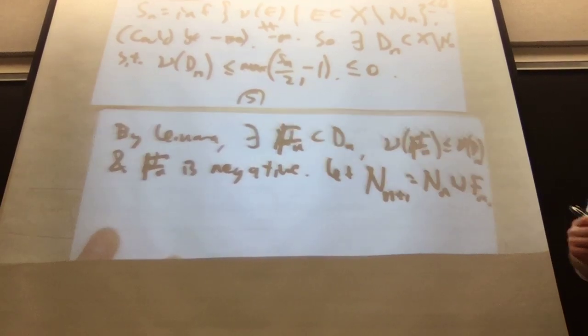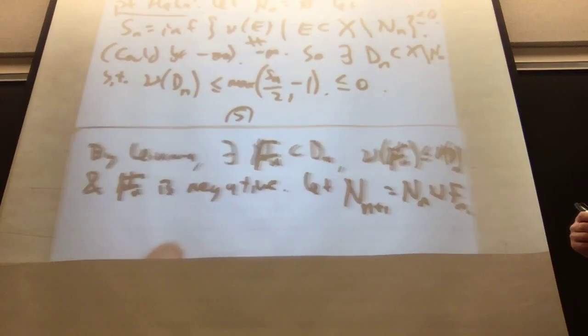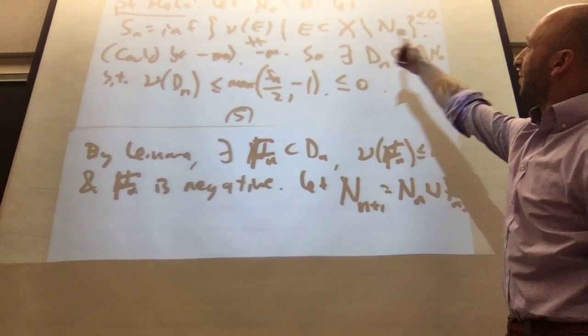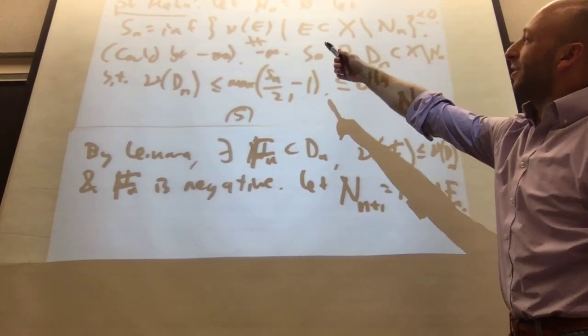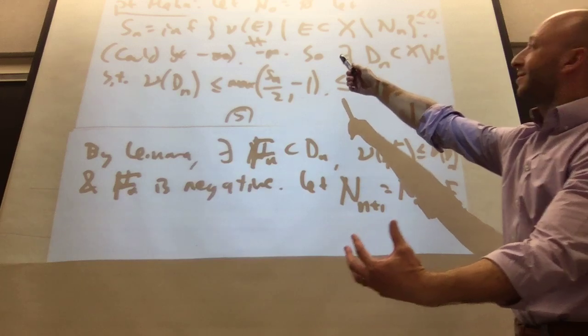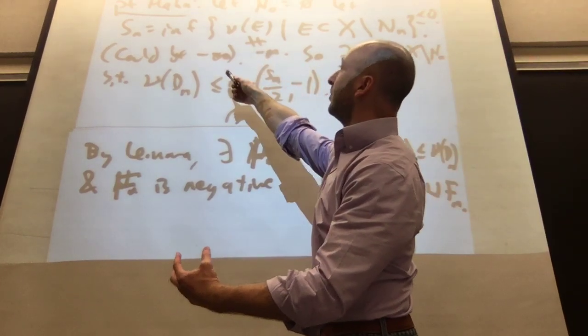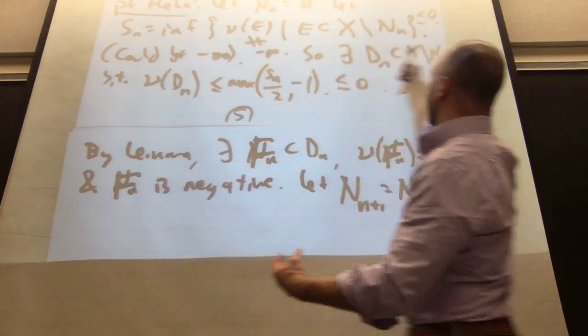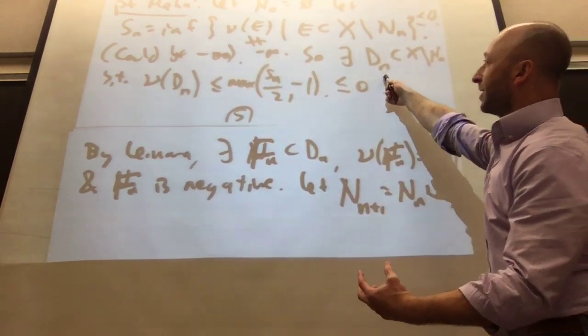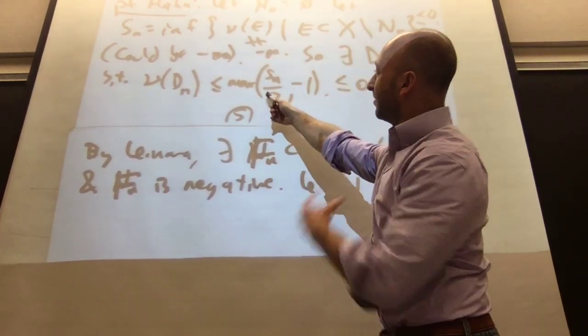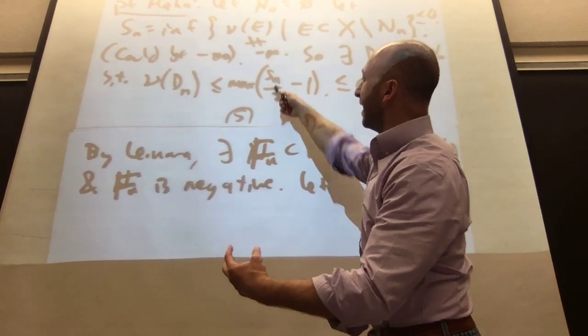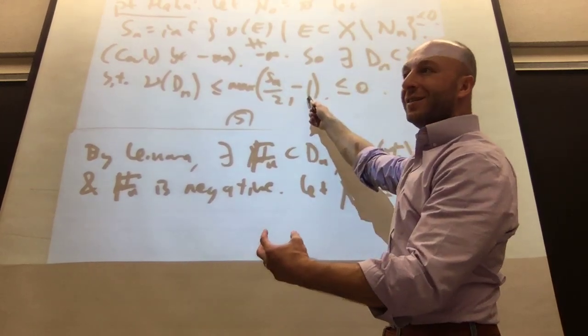So one more time. We start by taking away nothing. N0 is the empty set. We look at the infimum over all the values of nu. The infimum could be negative infinity even though the values never are. There's some set which has nu, well, if this is negative infinity, then let's set it to negative 1.